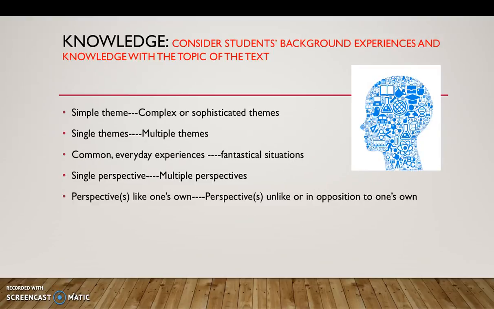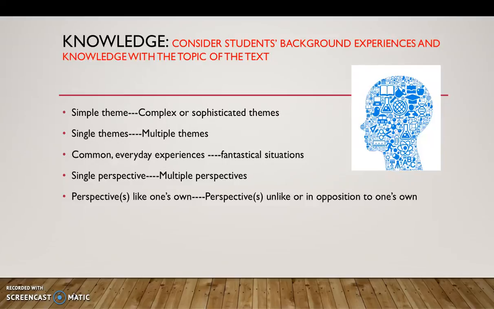The first area to consider with complexity is knowledge. Knowledge is considering students' background experiences and their knowledge with the topic or topics of the text. A way to think about this is along a continuum. Does the text have a simple theme, or does it have complex or sophisticated themes?